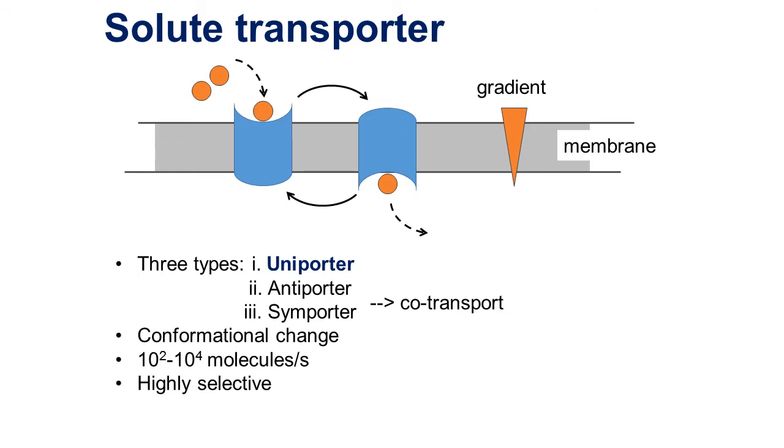So this is an example of a uniporter where the transport is driven by a concentration gradient. And just as we've seen in the case of ion channels, these solute transporters can also be very selective in the recognition of ions and molecules that are transported.